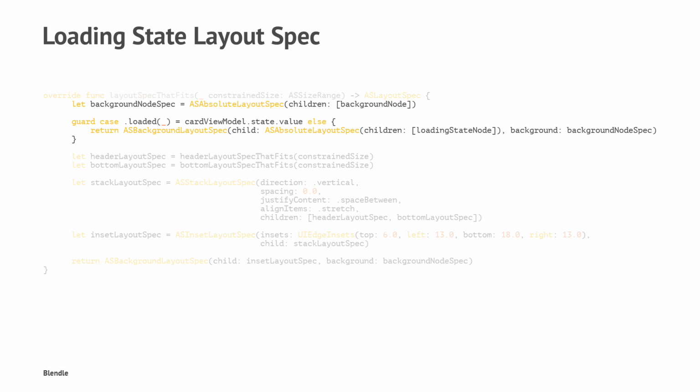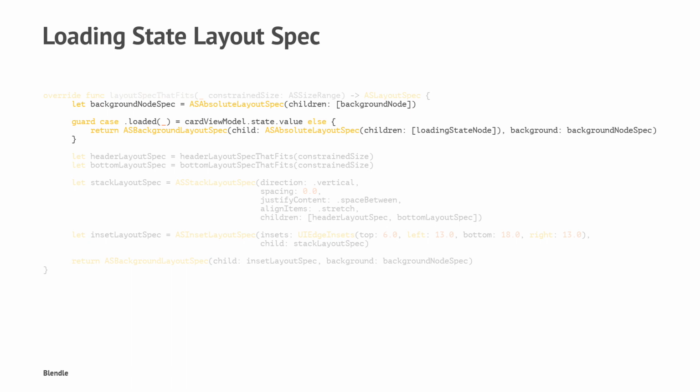So there's a layout pass, and we check, well, is it loaded? If it's not, and in the initial state it's not loaded, we only take the background node, and we add the loading state node as a child to the background layout spec, and we return that. So that's when you get the loading state node that you saw.